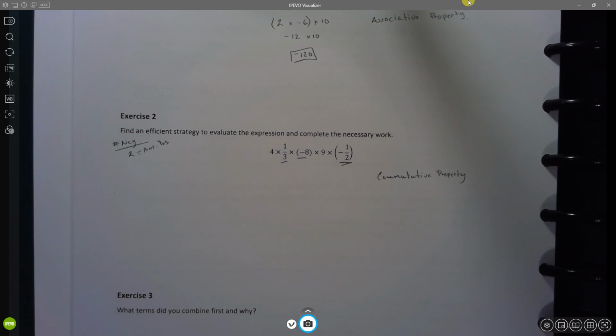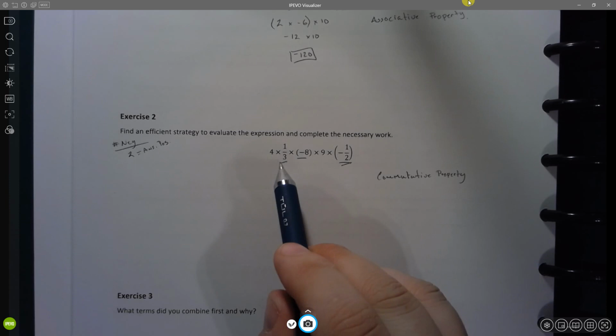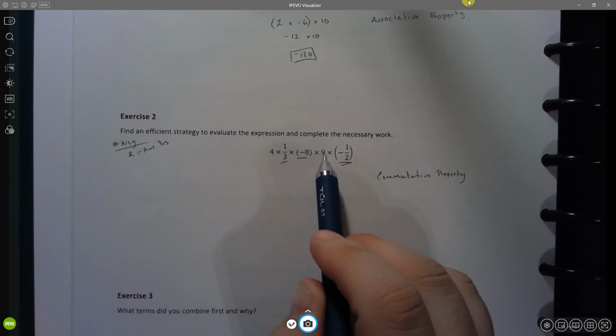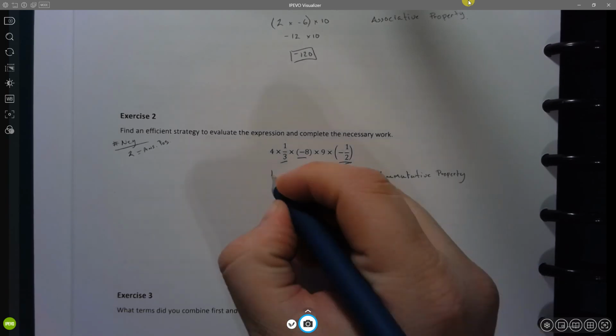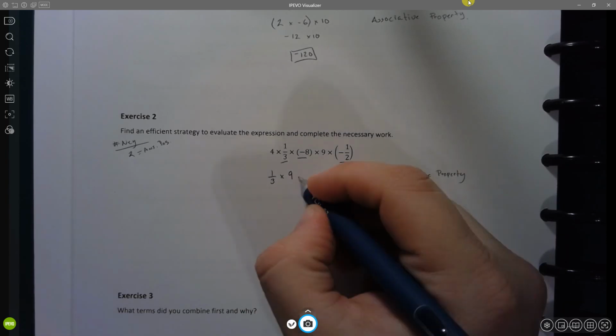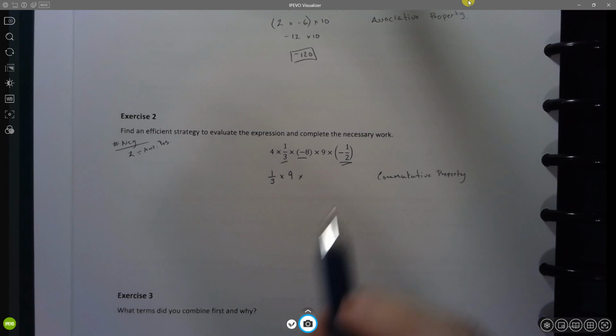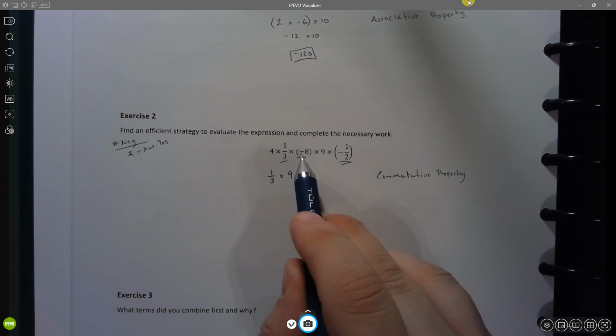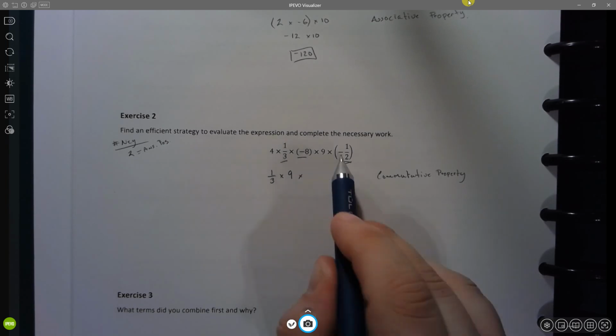Now, I know that 3 is a factor of 9. So I think it'd be best if I move the 1/3 times 9 together. Now I got this negative and negative, so I think the negatives would be best to put together.